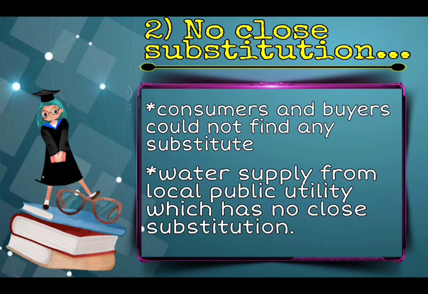Consumers and buyers could not find any substitute for the product. For example, water supply from a local public utility has no close substitute, but if the buyer can find any substitute for the water service, then it is no longer a monopoly.